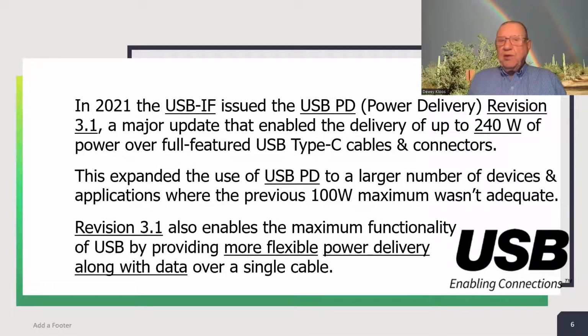This expanded the use of USB power delivery to a larger number of devices and applications where the previous 100-watt maximum just simply wasn't adequate. Revision 3.1 also enables the maximum functionality of USB by providing more flexible power delivery along with data. In other words, power and data over a single cable.